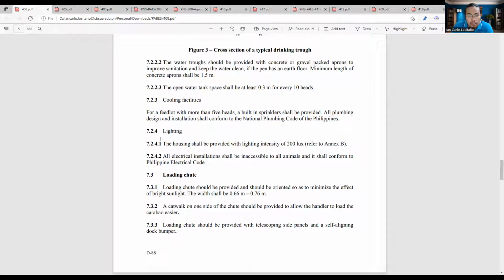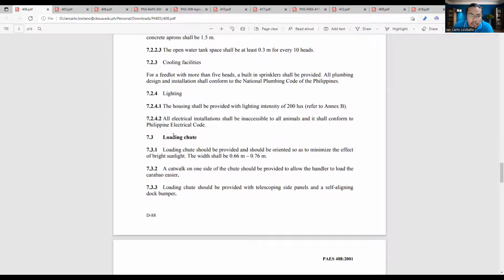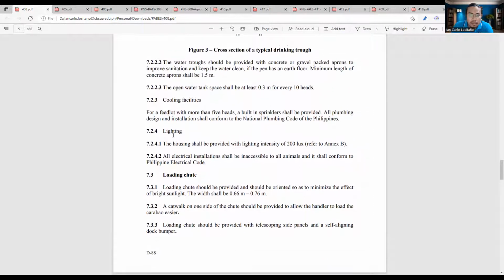A plumber should be consulted with regards to this. Lighting: the housing shall be provided with lighting intensity of 200 lux. Sorry, you can consult a plumber, but the engineer should already be familiar with it or could install the sprinkler himself.